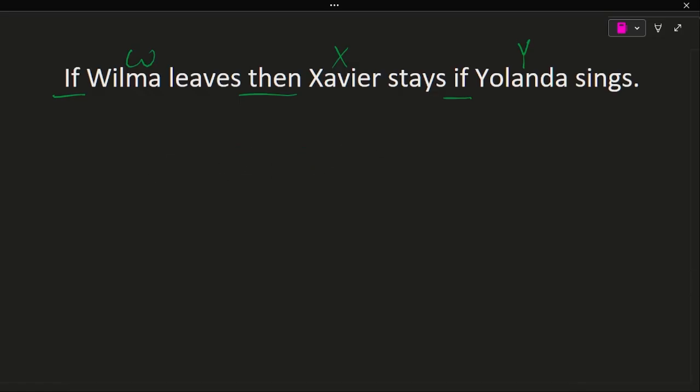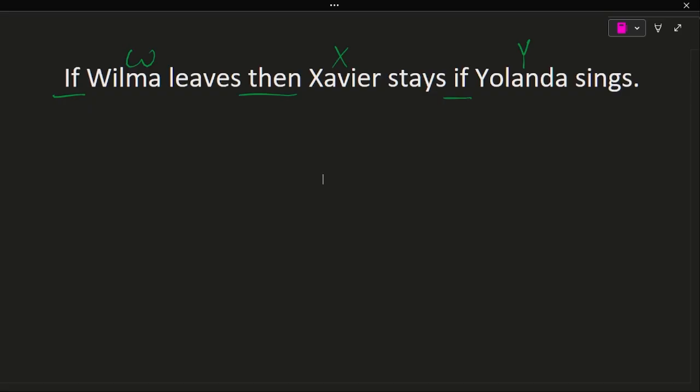As well as another main part, the if statements. You could read it as, if Will leaves, then Xavier will stay if Yolanda sings. Inversely, you could read it as, if Yolanda sings, then if Will leaves, then Xavier stays.